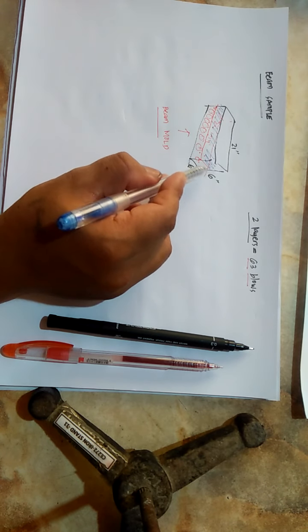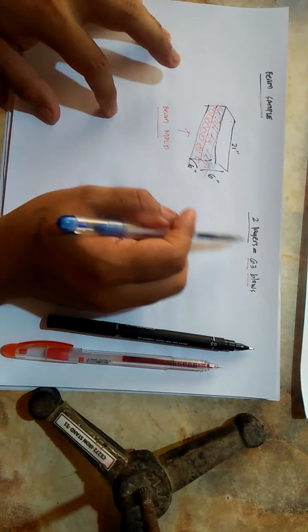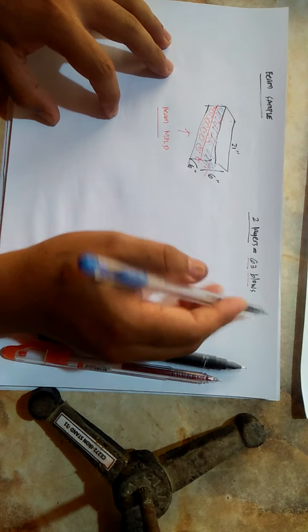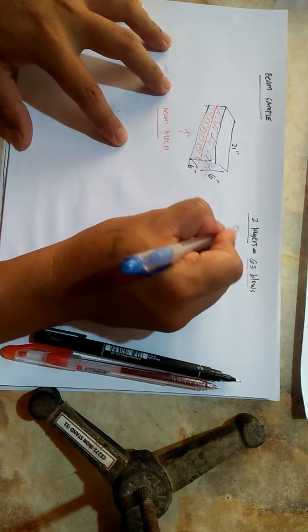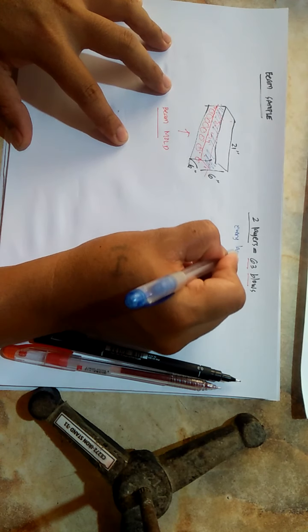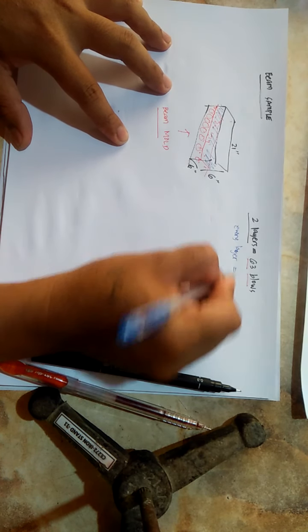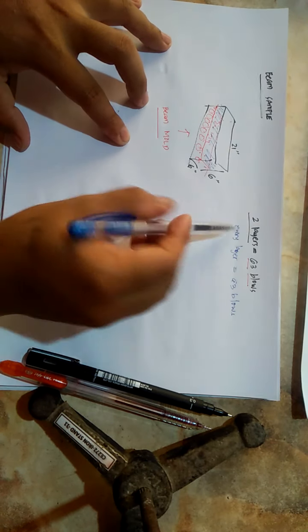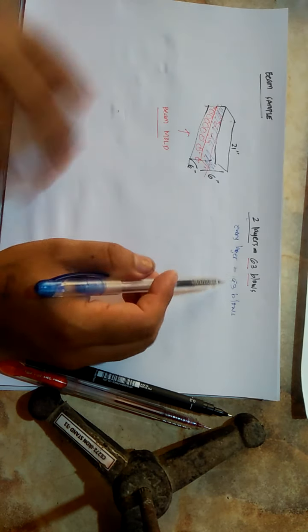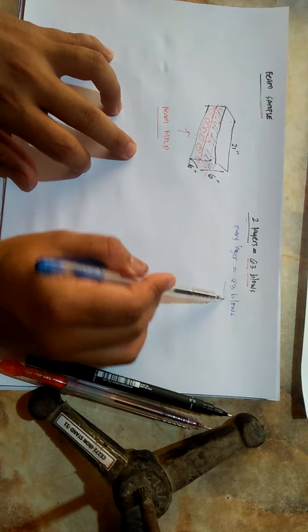Kaya, 2 layer sa beam mold, 63 blows. So, every layer natin, meron tayong 63 blows. So, 2 layer dapat, meron kang sa isang layer, 63 blows.